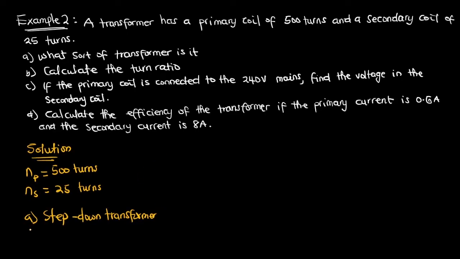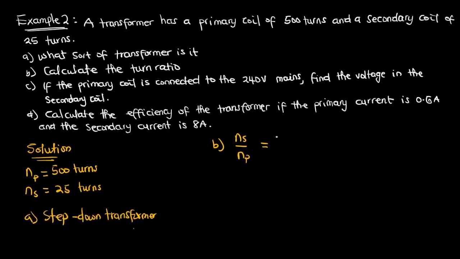That is the A. Now the B is saying we should calculate the turn ratio, right? Now the turn ratio is either NP over NS or NS over NP, regardless of how you want to do it. So B is either NP over NS or NS over NP, depending on how you want to do it. So I'll use NS over NP.